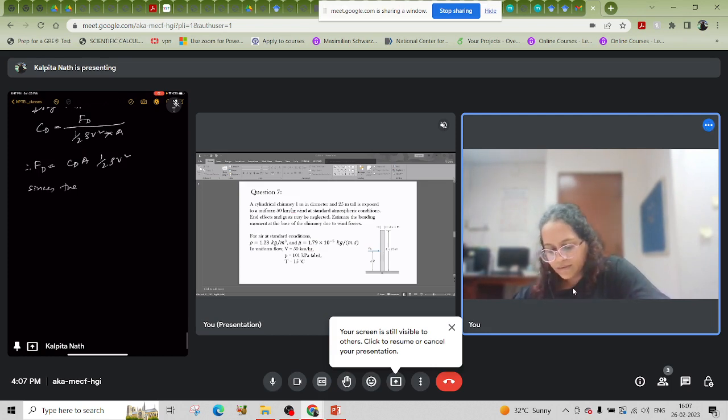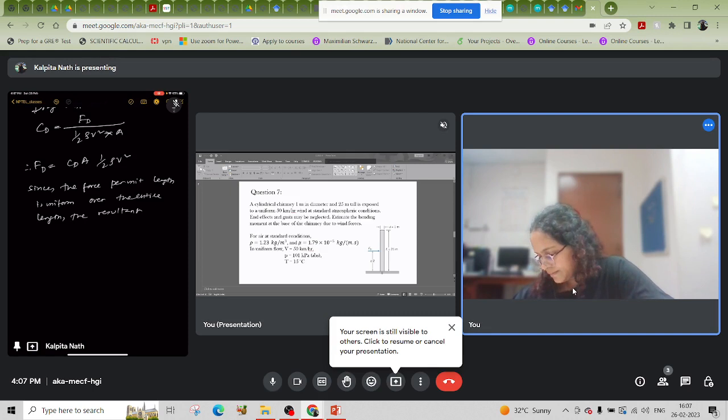Since the force per unit length is uniform over the entire length, the resultant force Fd will act at the midpoint of the chimney.